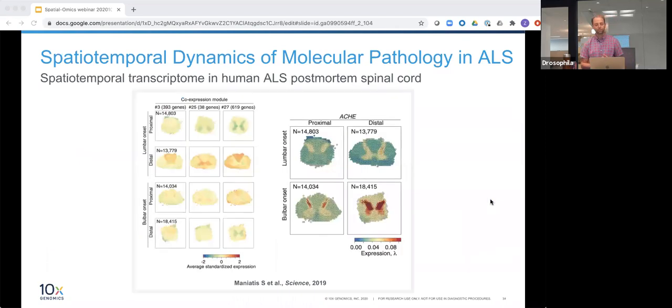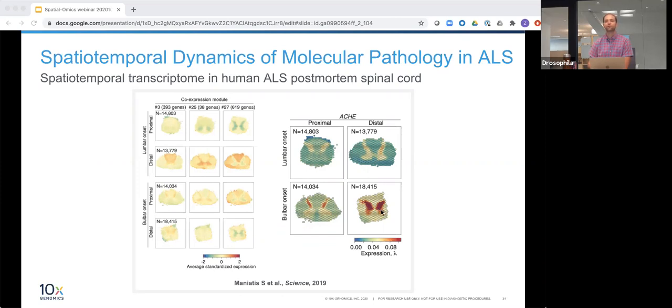They were able to take that a step further and look at this in humans. So these are post-mortem spinal cord samples from ALS patients. And they're able to see, again, these co-expression modules where genes are spatially regulated, either up or down, based on whether it was lumbar onset or bulbar onset. And similarly here, looking at the proximal or distal regions of the spinal column in the lumbar or bulbar onset.